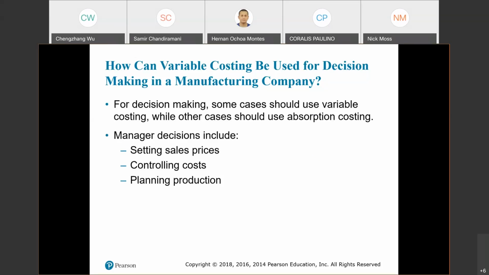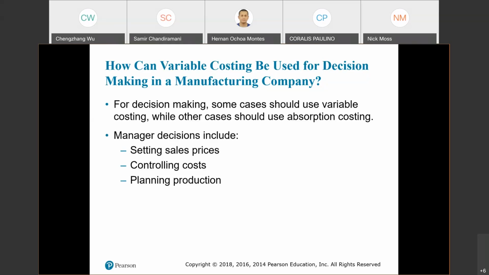First, setting sales price. Well, in the long run, the sales prices charged to customers must cover the full cost of the product. The full cost includes every part of the life cycle of the product, including research, development, design, production, distribution, customer service, and disposal.